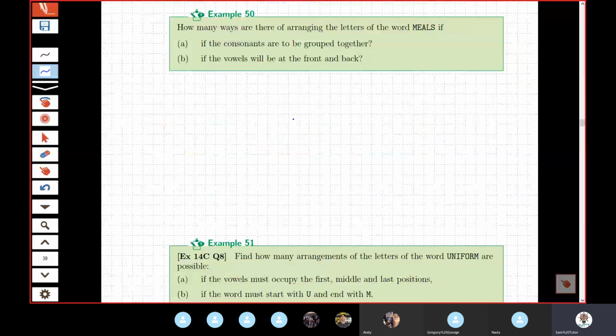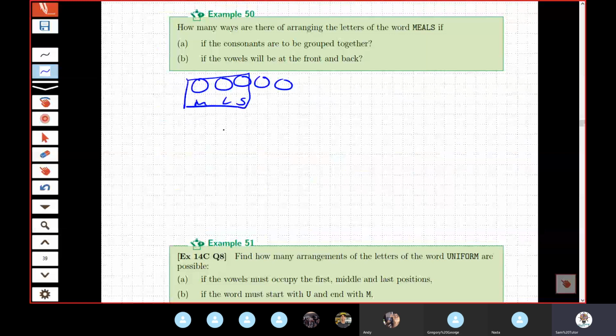Example 50. How many ways are there of arranging the letters of the word meals if the consonants are to be grouped together? Well, I think we know the answer to that. 1, 2, 3, 4, 5. Consonants grouped together.